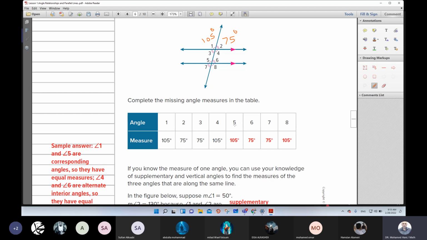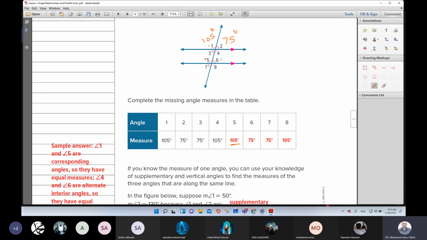So angle 5. What is the relation between 1 and 5? Corresponding angles. Angle 1 and 5 are corresponding angles, so the measure of 5 is the same as the measure of 1. So 5 equals 105.